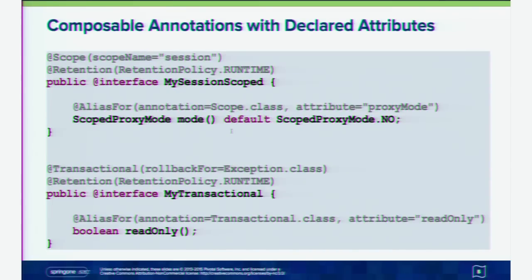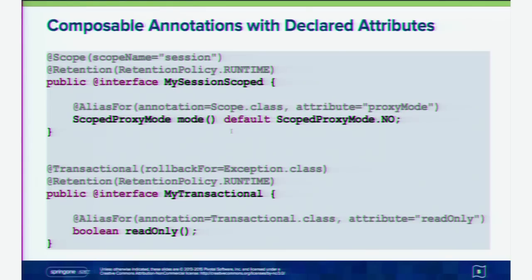You may be a little bit more explicit and use the @AliasFor annotation, saying this scope proxy mode attribute is an alias for the proxy mode attribute in the scope annotation. So the @AliasFor variant is not convention-based anymore. It's very explicit. It immediately points you to the attribute that you're overriding here.